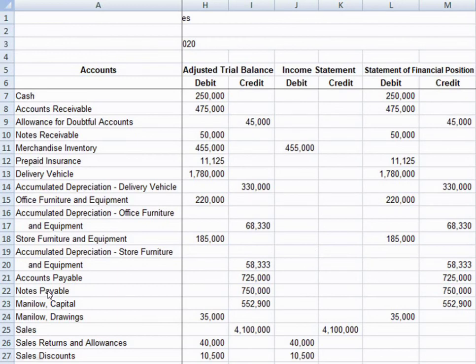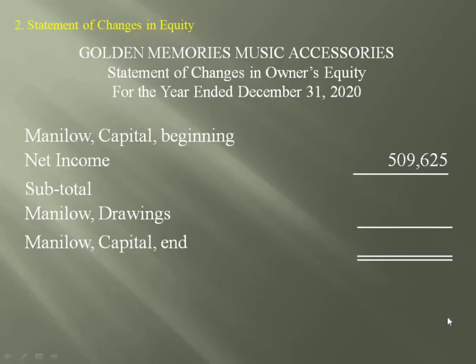After notes payable are Mr. Lo's capital beginning and Mr. Lo's drawings, to be placed on the statement of changes in owner's equity. Mr. Lo's capital beginning of 552,900, add net income of 509,625 equals 1,062,525.